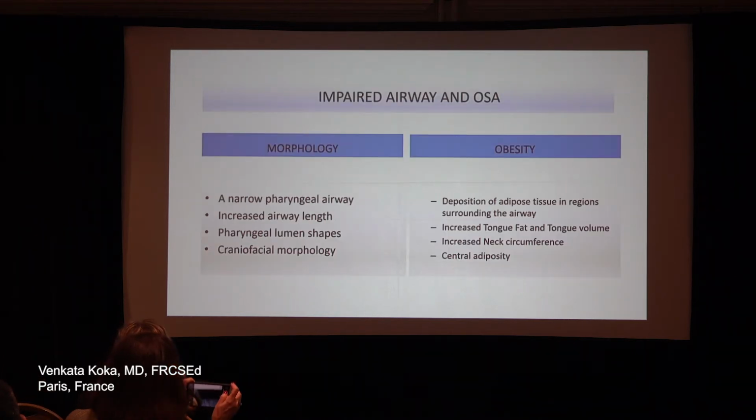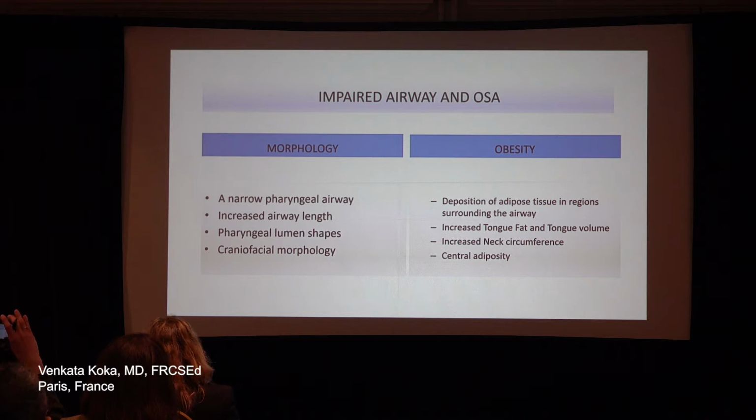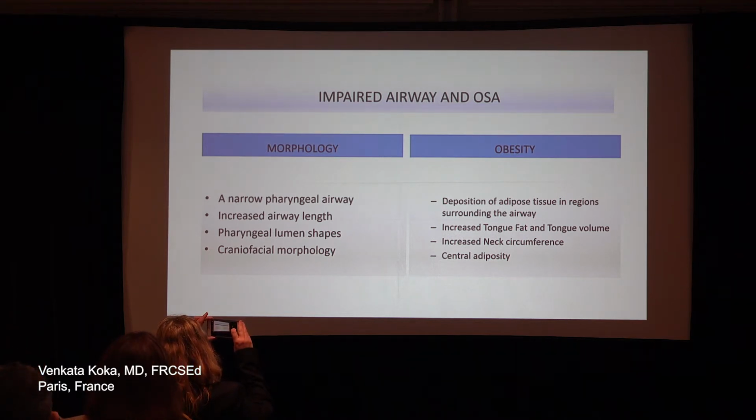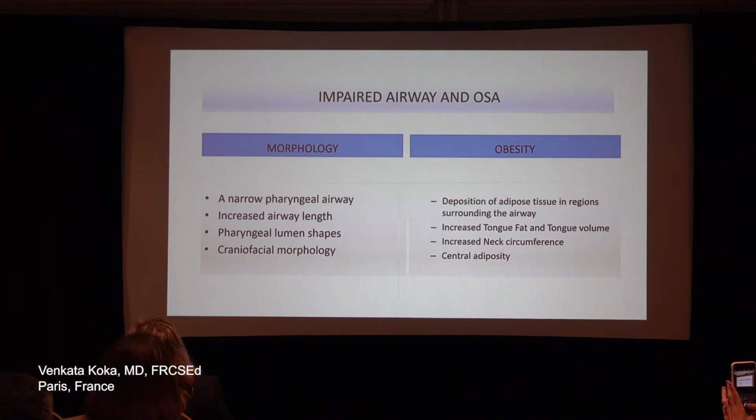Impaired anatomy: we've seen that all the radiological and MRI scans show a static phenomenon. We are looking at the narrow pharyngeal airway, increased airway length, and pharyngeal luminal shapes, vertical or transverse. Obesity is an increasingly common factor in all developed countries, in France, in the States, everywhere.